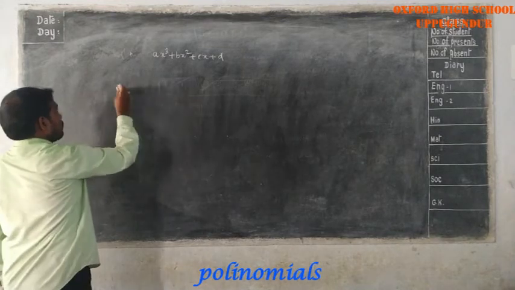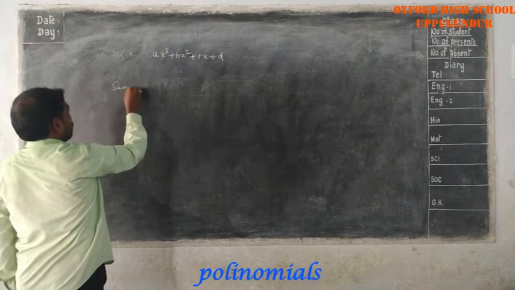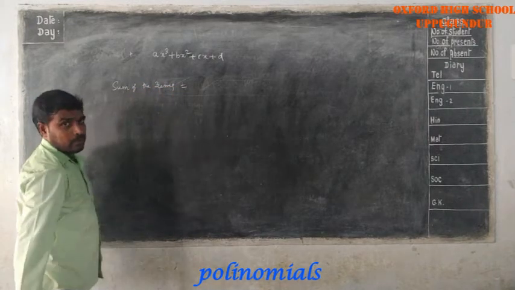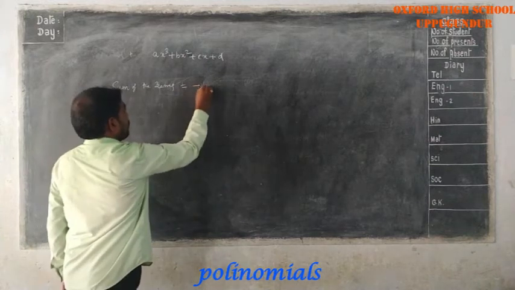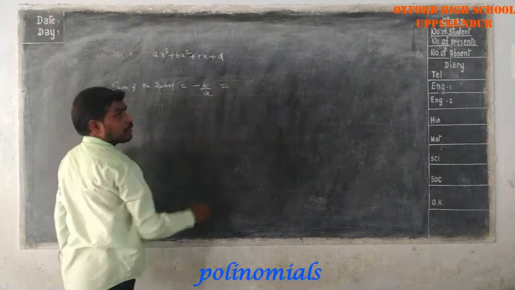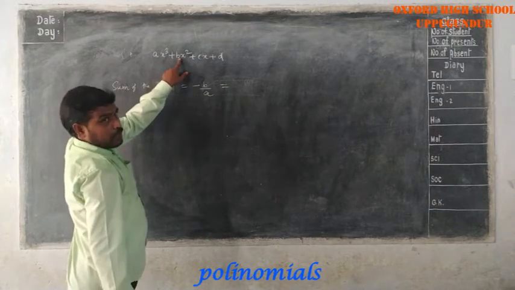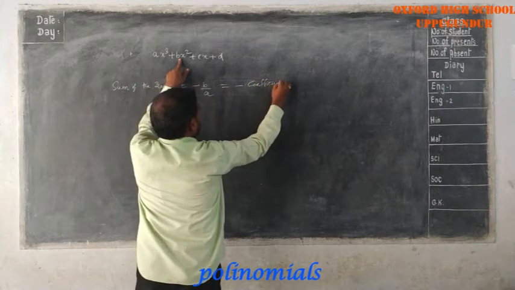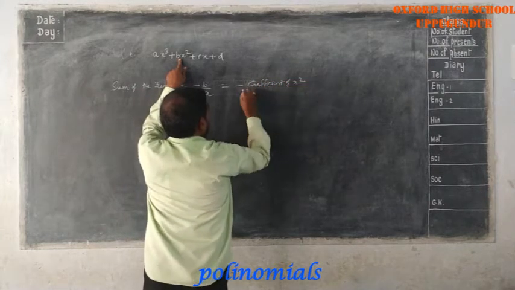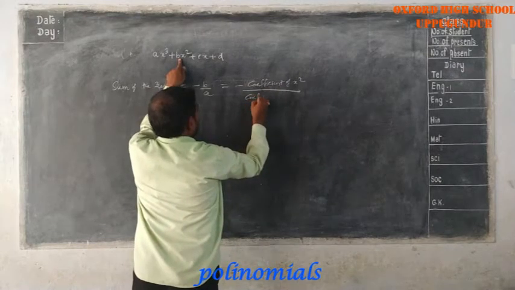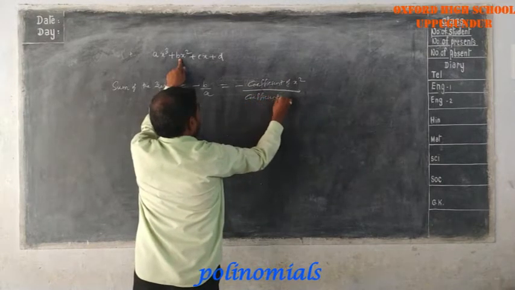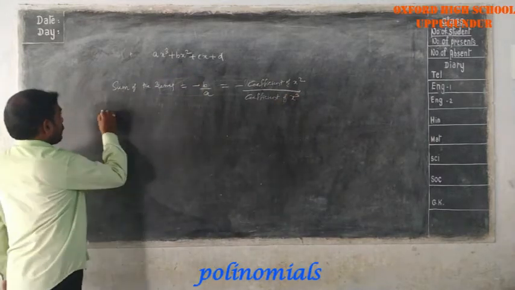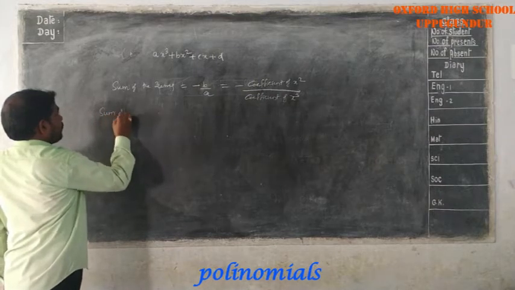To find the sum of the zeros, the formula is minus b by a. That means minus coefficient of x square by coefficient of x cube.